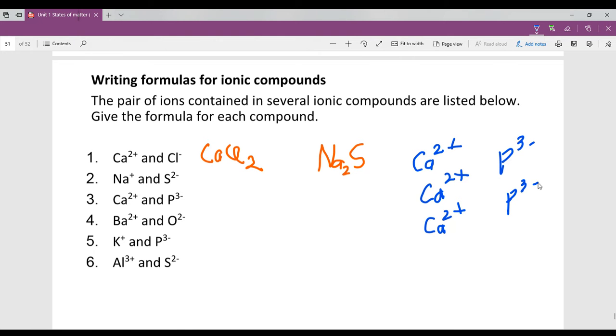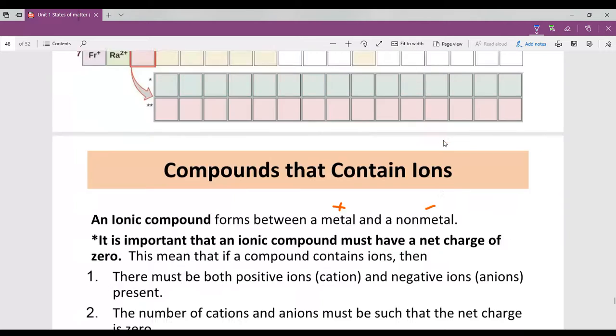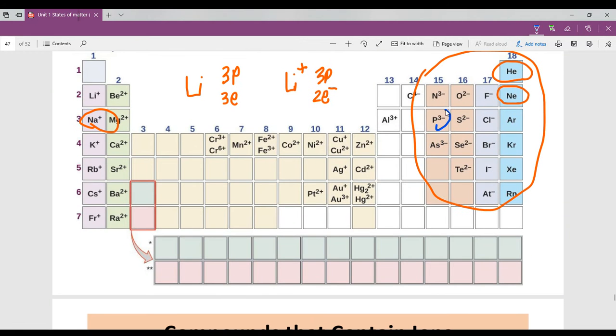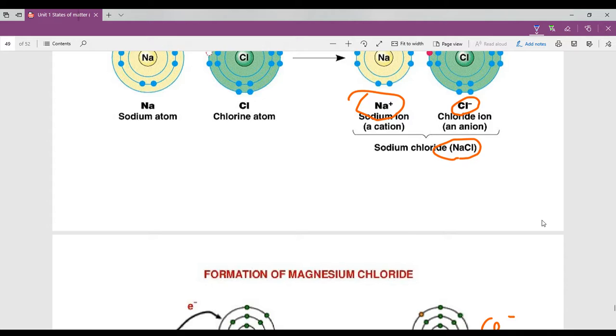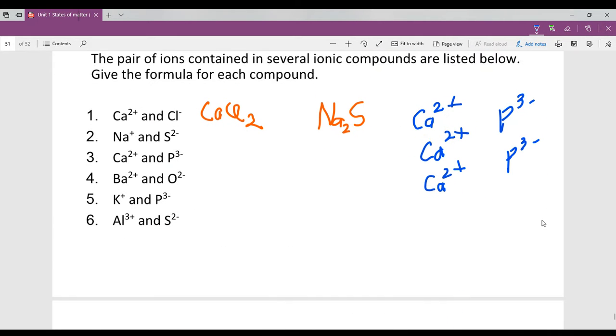Let me show you where phosphide is. Phosphide is right here. It will need to gain 3 electrons to be like argon. So phosphide, group 5, will have a 3 negative charge. So there you have it. This is 6 positive net, 6 negative net, so the charges balance each other out.